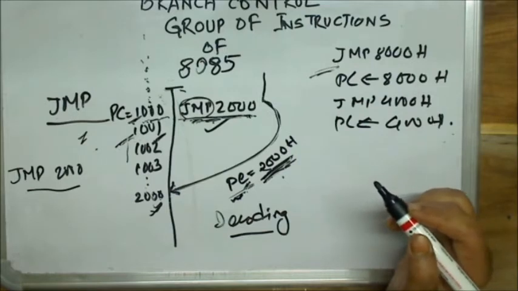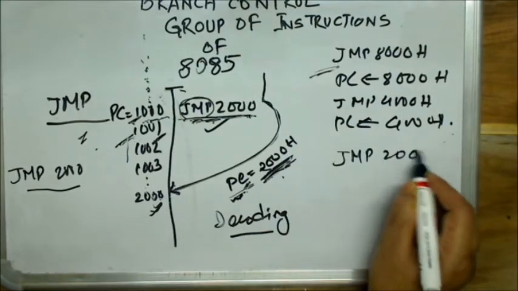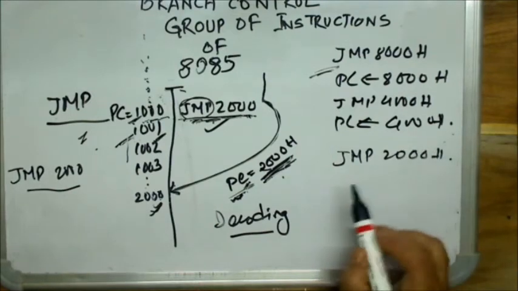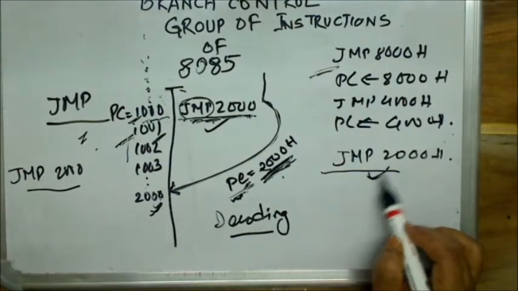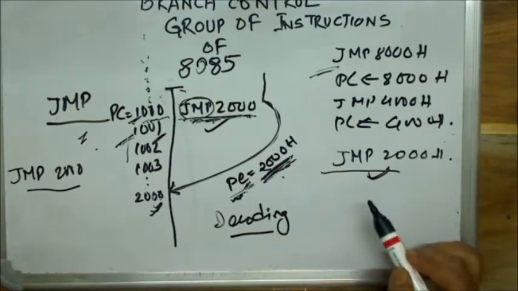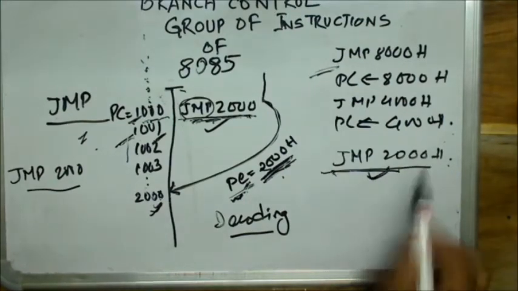Now, jump 2000H. Do you understand how to read the size of the instruction? I have done this many times in the previous videos. So this is a 3 byte instruction. Tell me how this is 3 byte. Jump 2000 is assembly language.